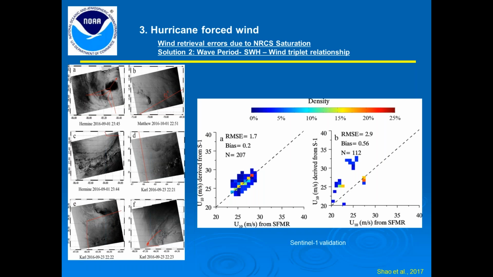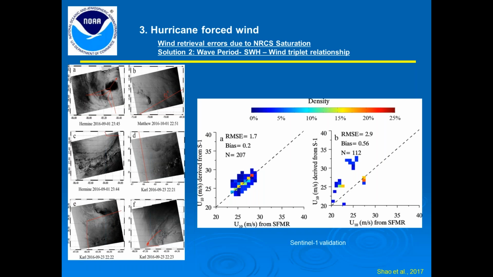That's the NOAA airplane doing the in-flight measurements. So we can run the wave information retrieval from the images, get the wavelengths, and then use some sort of dispersion relationship to get the other information, and then just use that triplet relationship between the wave period, significant wave height, and ocean surface wind.